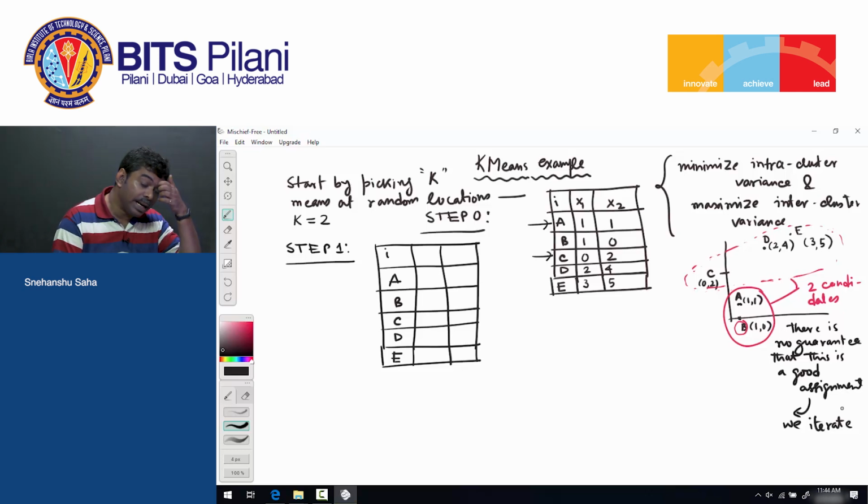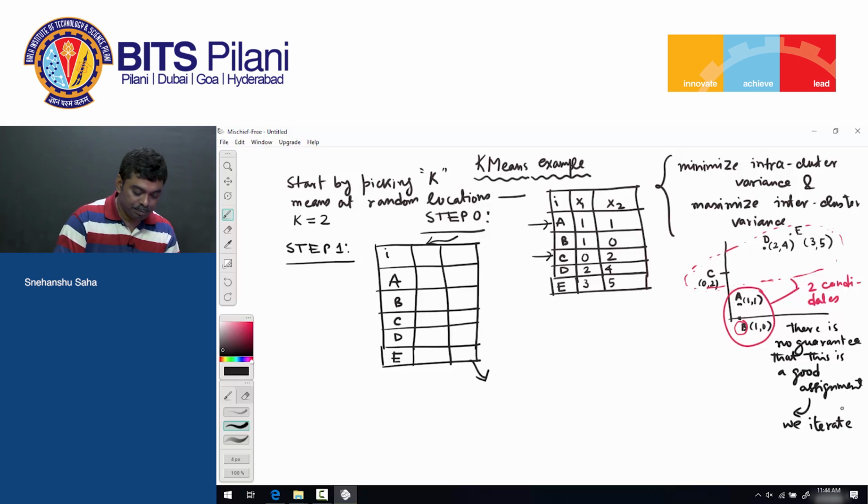Column 1 contains the distance between the observation and the mean of cluster 1. We know the mean of cluster 1 is 1, 1, so we compute the distance. And in the second column we do the same thing: we have the observation, and you compute the distance between the observations and the mean of cluster 2.